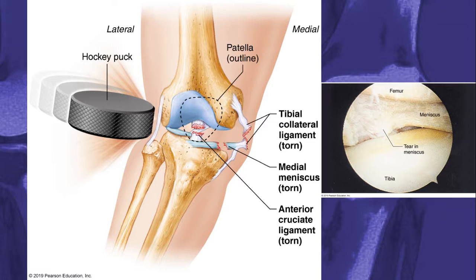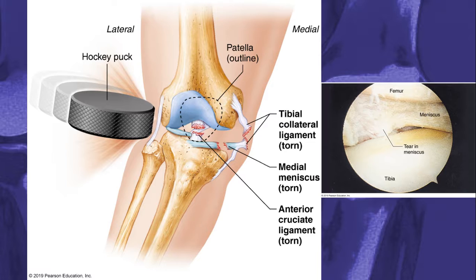In this example, we have actual tearing and complete tears of our ligaments. So our tibial collateral ligament that's supposed to run along the side has been torn in half and broken completely. Our ACL has been broken completely, and we have also torn our meniscus over on that side. So, pretty bad injury with ligaments.